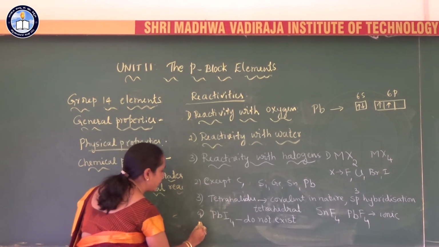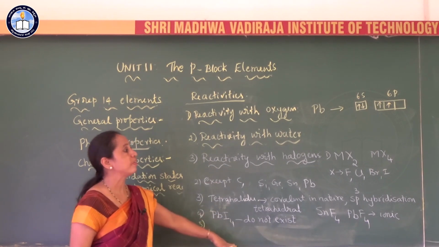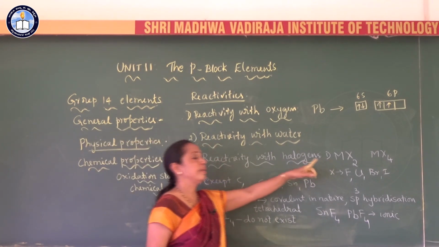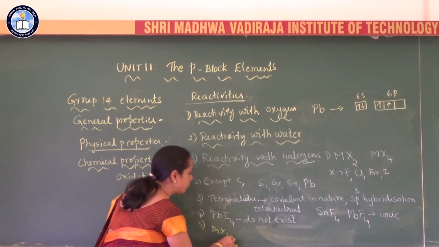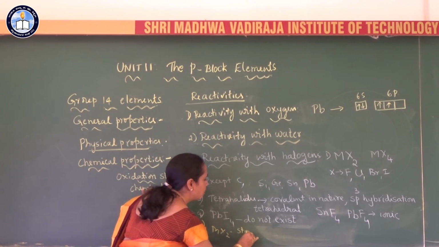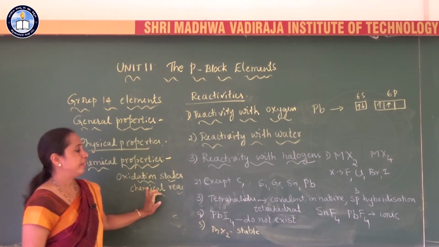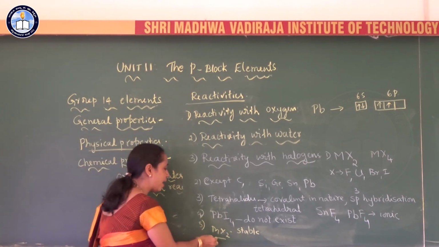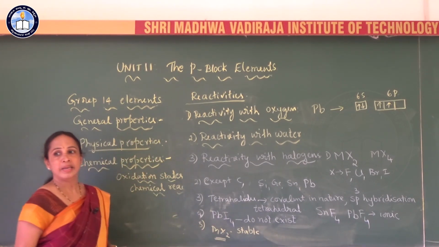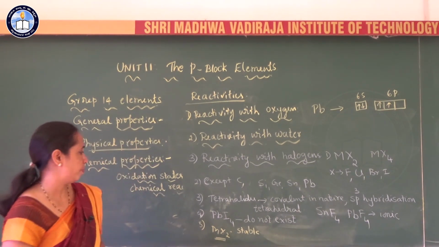Now if we move down the group, the stability of dihalides increases. MX2 are more stable as compared to MX4. So dihalide stability increases as we descend the group.